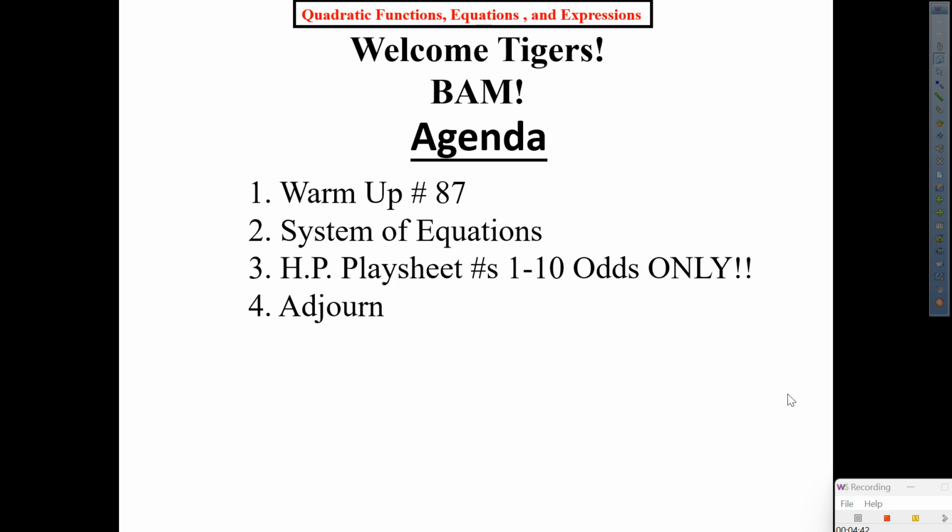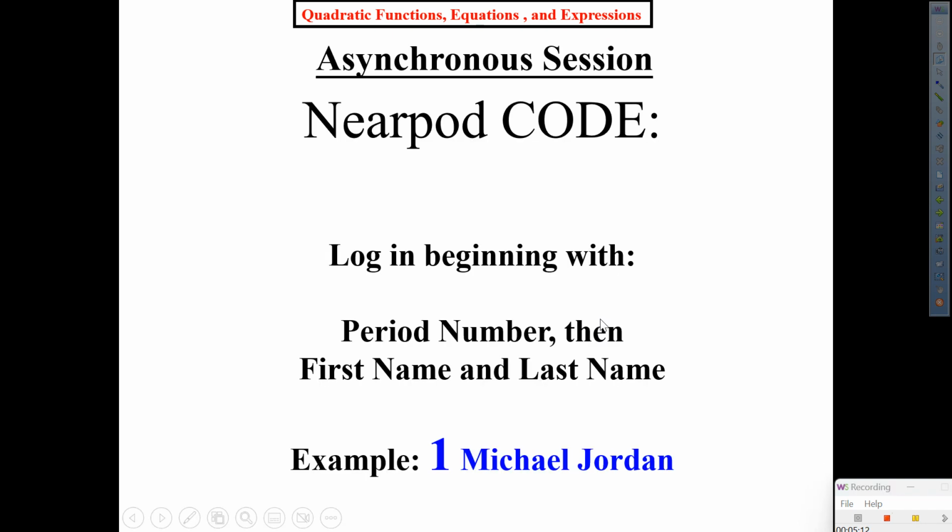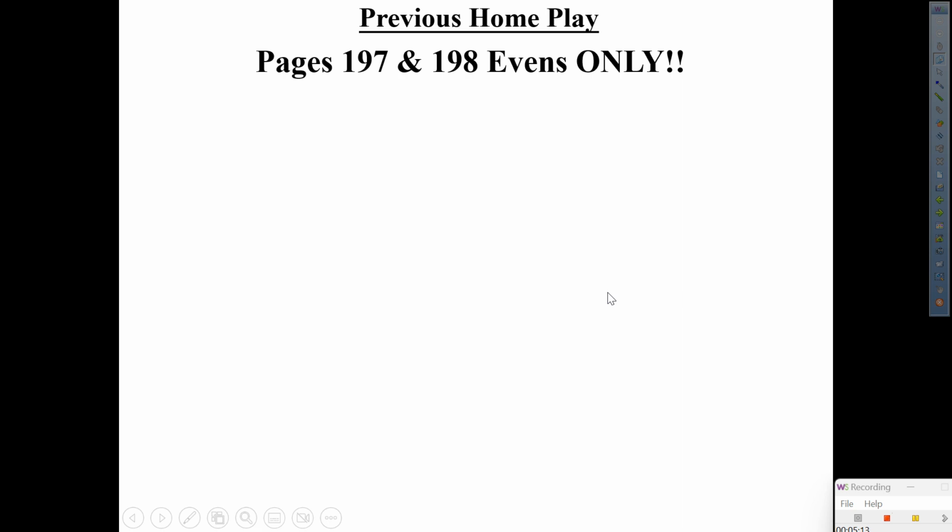All right? So, warm-up 87, systems, and play sheet numbers 1 through 10, odds only. Last night's home play, pages 197, 198, evens only.